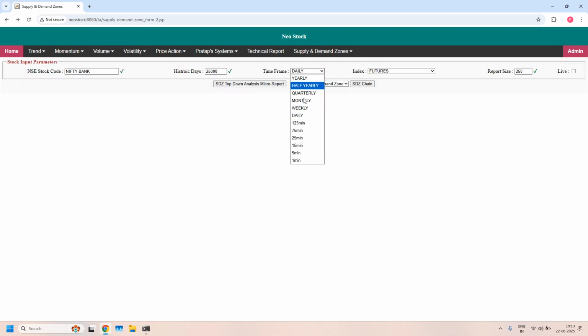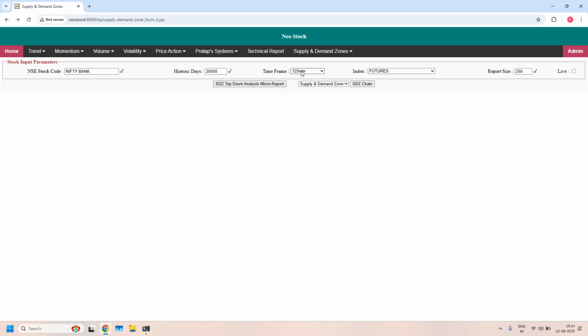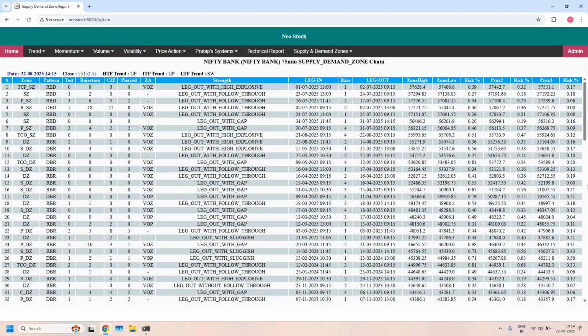Next, generating 125 minutes supply demand zone chain for Bank Nifty. Next, generating 75 minutes supply demand zone chain for Bank Nifty.